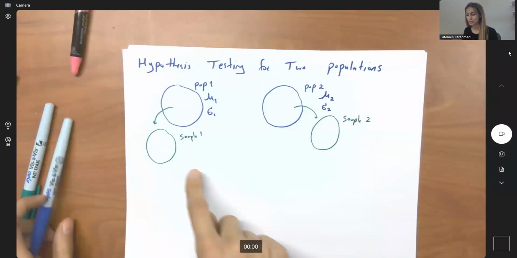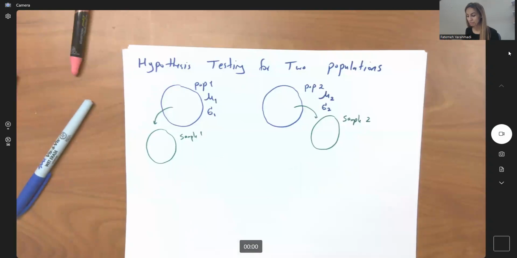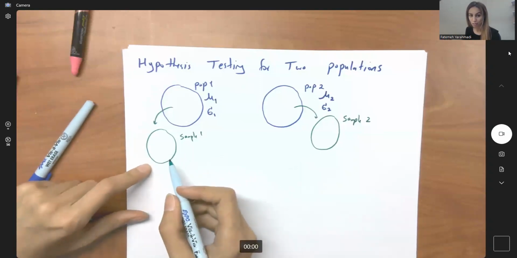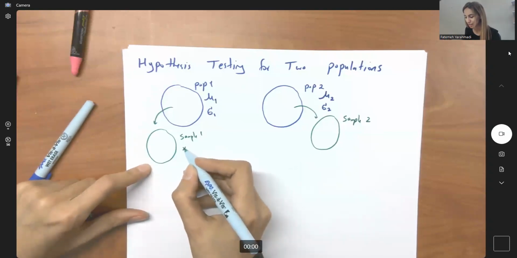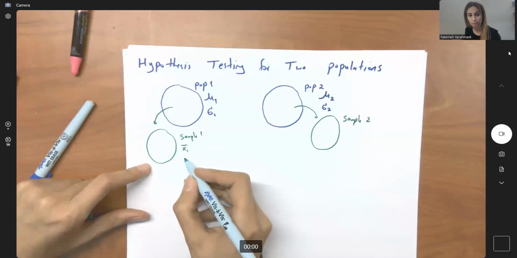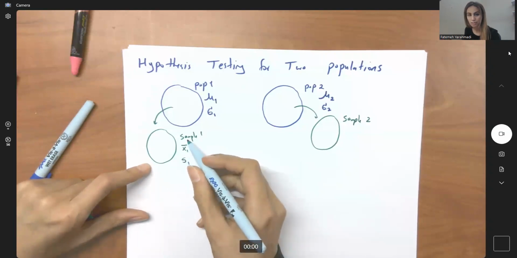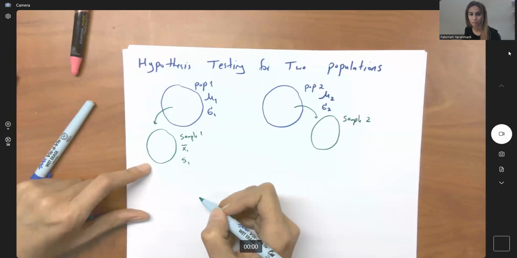Remember that we took random samples from these two populations. For the very first sample, we can also compute its mean, x1 bar. It also has a standard deviation, S sub 1. Mean of the first sample, standard deviation of the first sample.